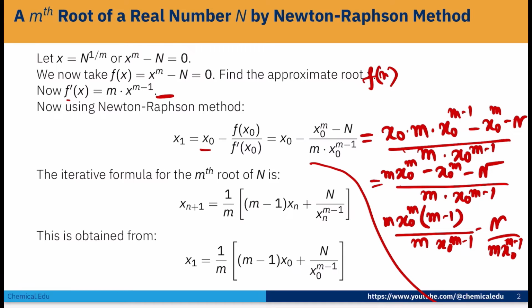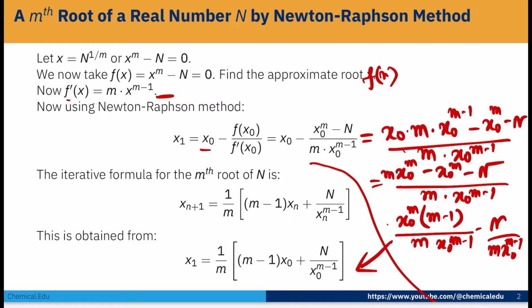So now from here we can get this one. If I take 1 by m common, that will be m minus 1, and then m minus 1 plus x0, so that will not be like that. So that n, m, x0^(m minus 1), so we'll get this equation.